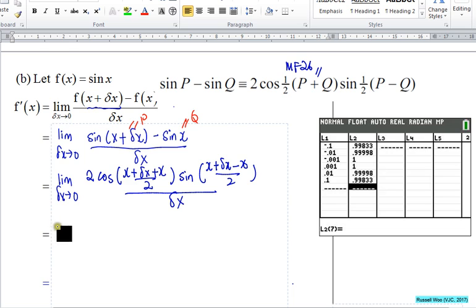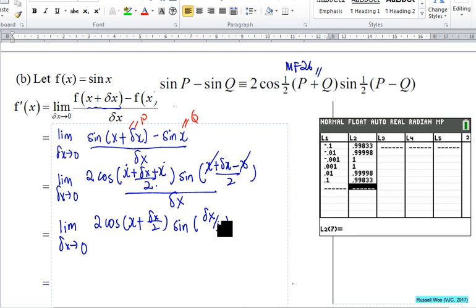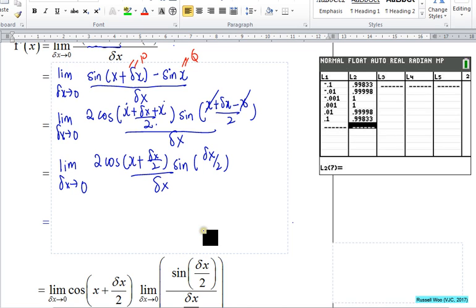Alright, next line. Now what happens is x plus x divided by 2, you'll get 2 cosine of (x plus delta x over 2). And in the sine, this minus this, you cancel, you get delta x over 2. What I want to do is this. You notice that there's a delta x over 2.